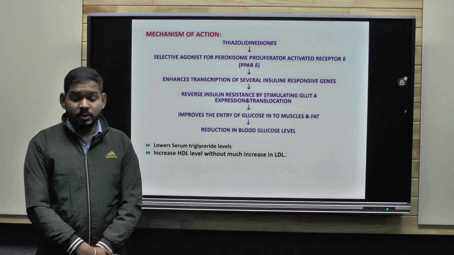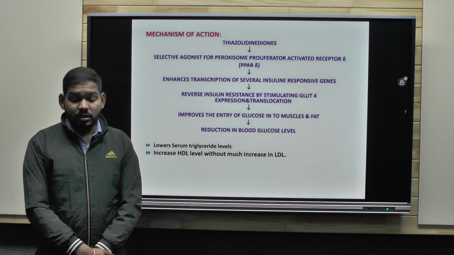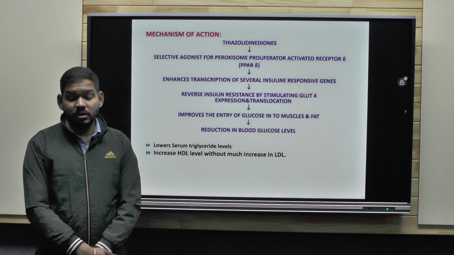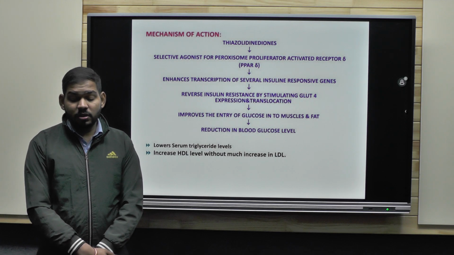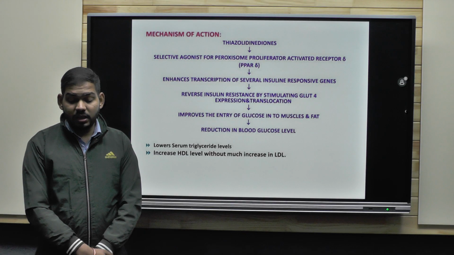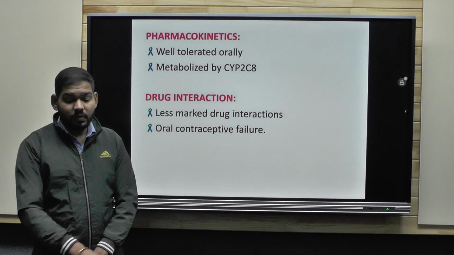The GLUT4 expression and translocation results in improved entry of glucose into the muscle and fat, which results in the reduction of glucose in the circulatory system, due to which lower serum triglyceride level, increased HDL level without much increase in LDL level.